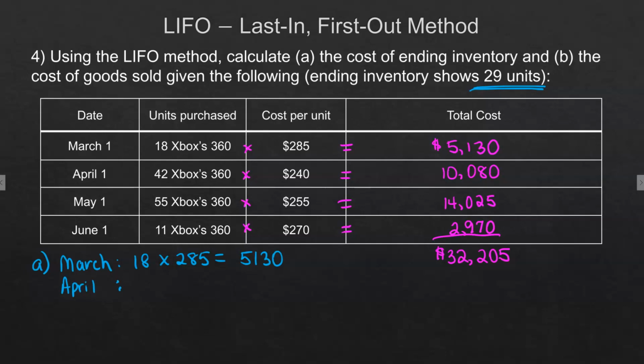And then we go on to April. In April we have 42 Xboxes. Well, okay, we've used 18 so far and we just need 11 more. So from April we will do 11 Xboxes at 240 each, and that would be 2,640.